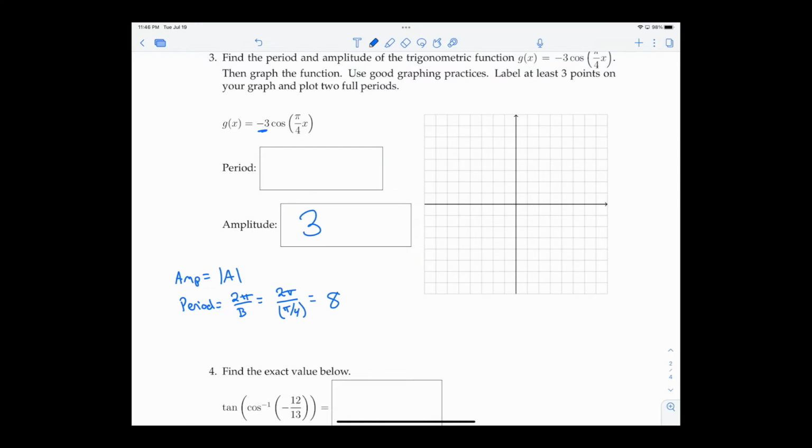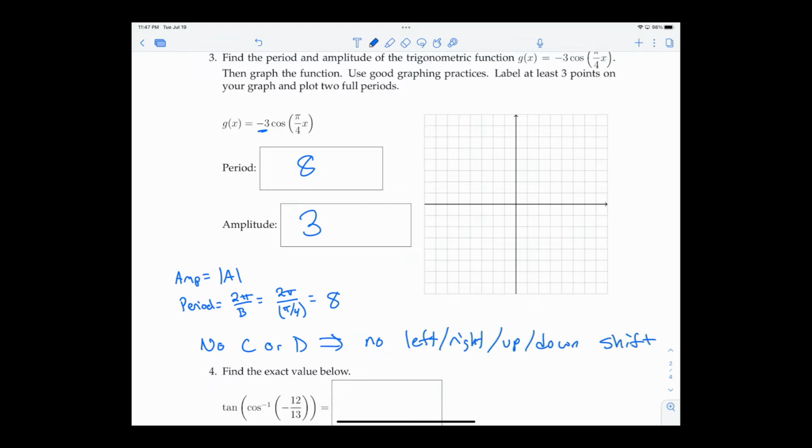You can work that out by hand or calculator, whatever. So that's 8. All right. And then there's no left-right shift because there's no C, and there's no vertical shift because there's no D, right? So there's no C or D. So that means no left, right, up, or down shift. Okay? So it's centered. Everything is centered.